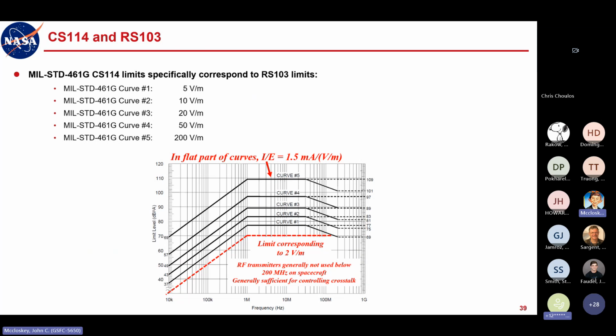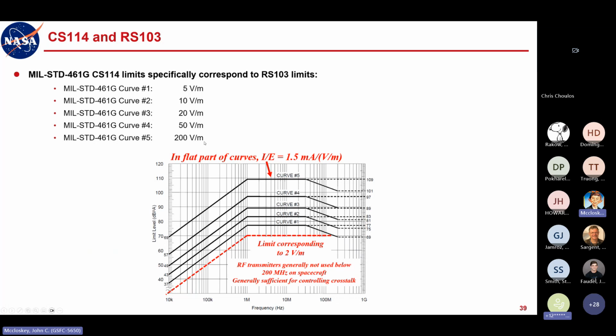Okay, so this gets to our comparison of CS114 limits with RS103 limits. Each one of these curves, the default curves in the mill standard, is specifically defined to correlate to a given RS103 limit. Now the top one, curve number 5, corresponds to a limit of 200 volts per meter.